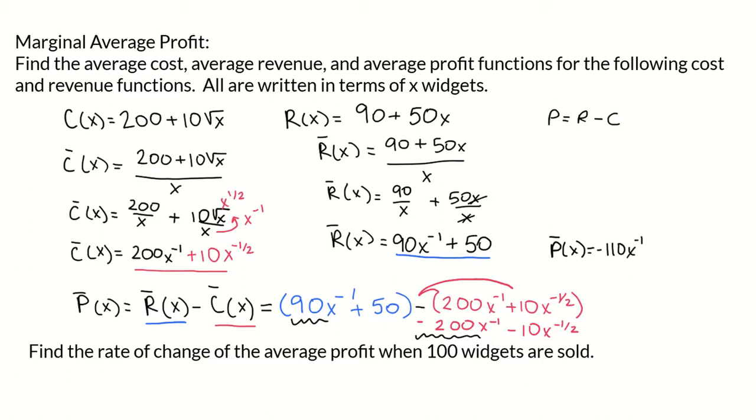And we have this 50 constant that can't be combined with anything. We also have this negative 10x to the negative 1/2. So this is our average profit function.